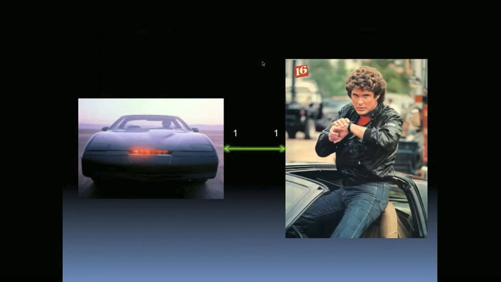These are just two objects that work together, and they have a one-to-one relationship. For every one KIT, there is one Michael Knight, and for every one Michael Knight, there is one KIT. And we have a bidirectional association between these two objects because Michael Knight sends messages to KIT, and KIT sends messages to Michael Knight. So this is what an association looks like. This is just a general object sending messages and using another object.